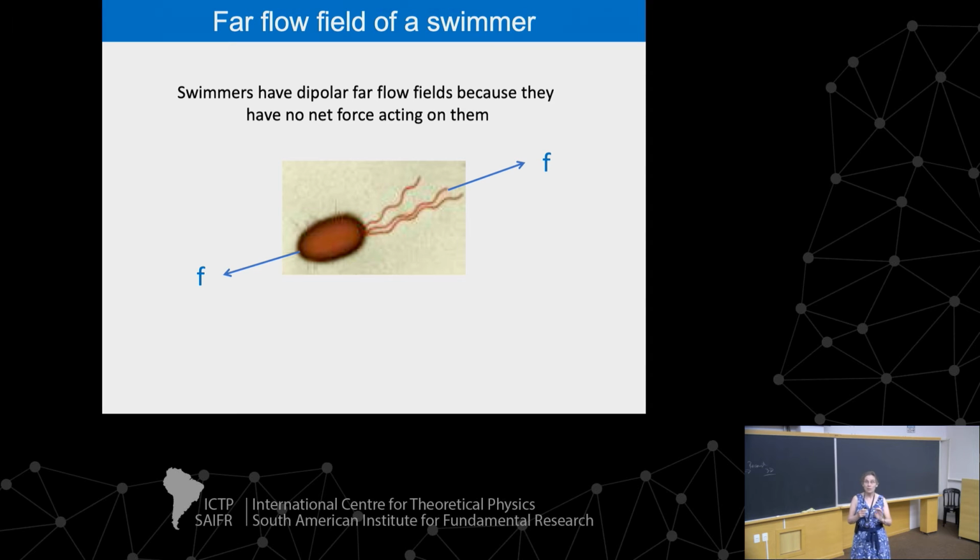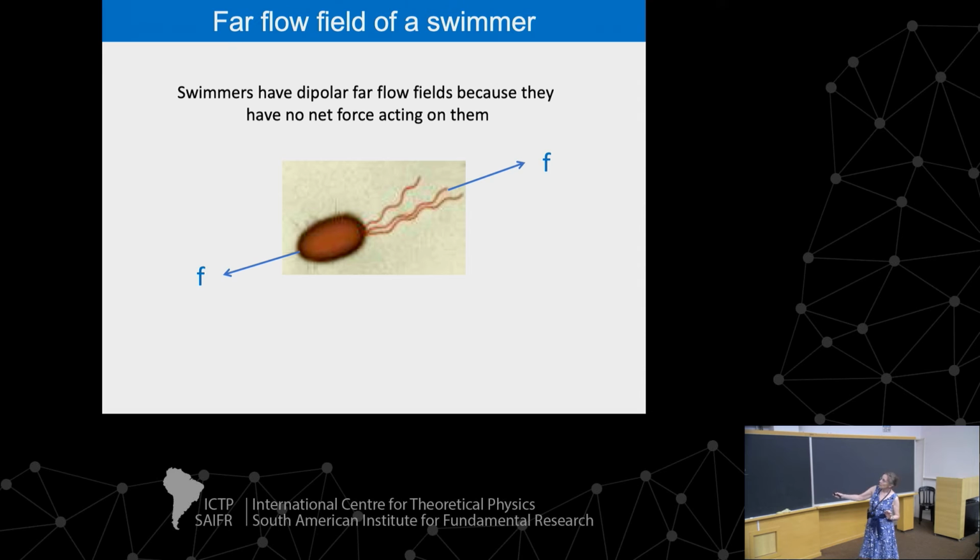So from Newton's law, there can be lots of forces, but the most important one is going to be forces which are equal and opposite to each other. You can't have a force on its own. You always have to have these two equal and opposite forces. You have to have a dipole of forces. And so because that force distribution is different, we're going to have a flow field which looks different a long way away from this swimmer.